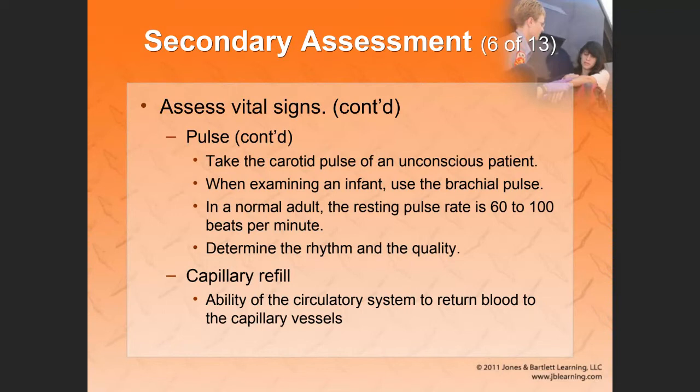It should be less than 2 seconds. It's a circulation assessment that's specific to the pediatric population, or kids.